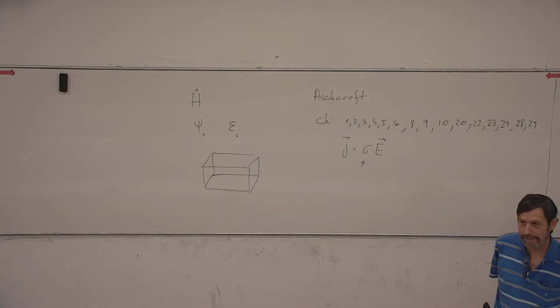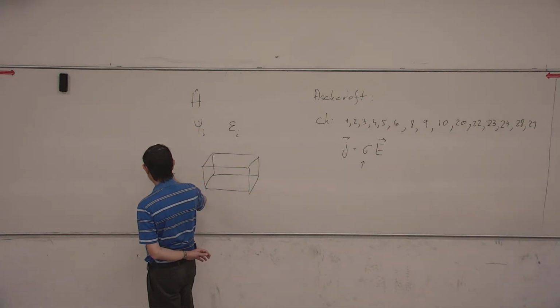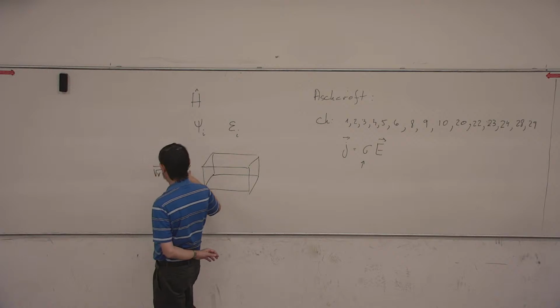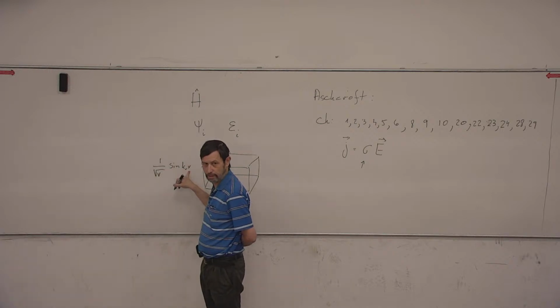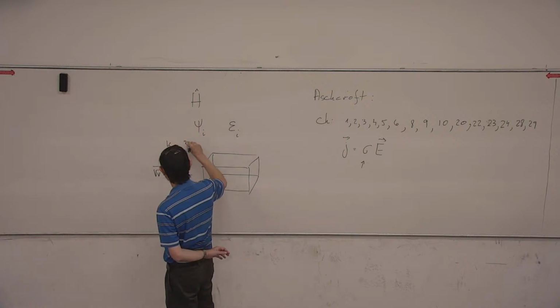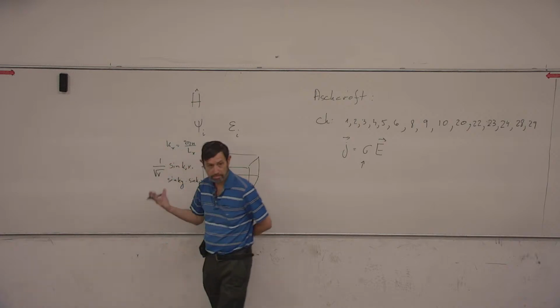You even know what they are: 1 over square root of V, sin(kx x) times sin(ky y).